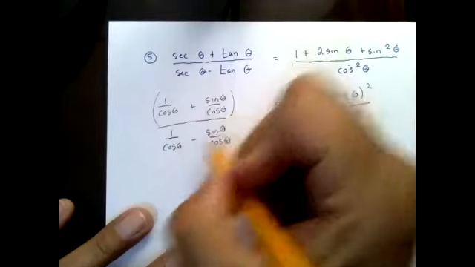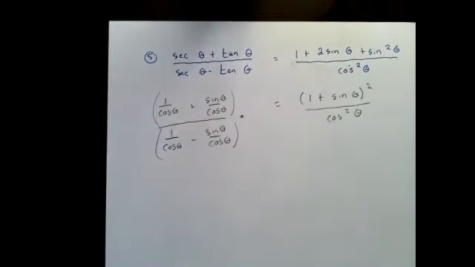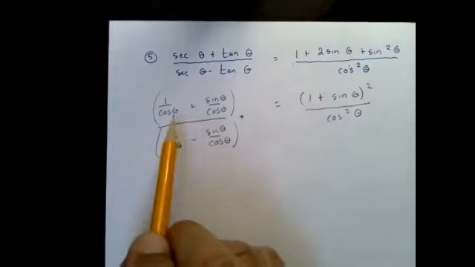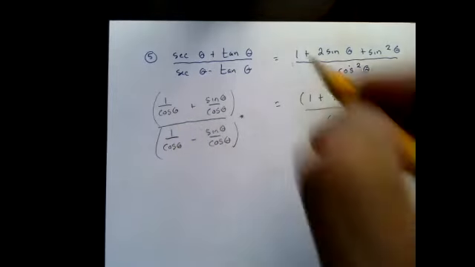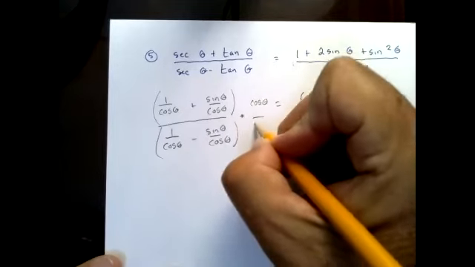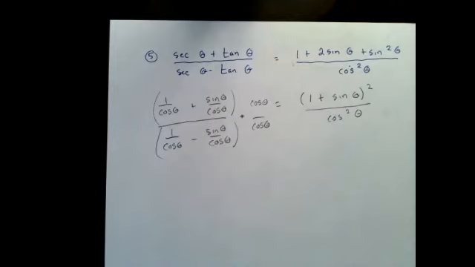So I can multiply everything up top and everything down bottom by the same thing. What would I like to multiply them by? Sine over cosine? No, what is it I want to get rid of? My denominator. Cosine over sine? I'm going to multiply by just cosine, because that's like multiplying by 1.